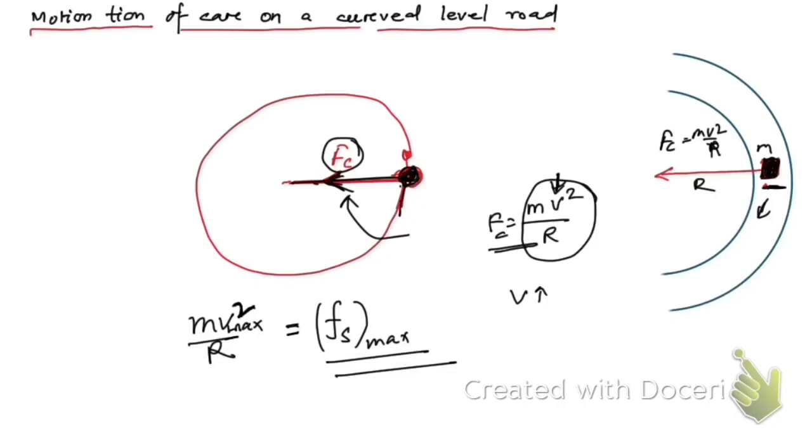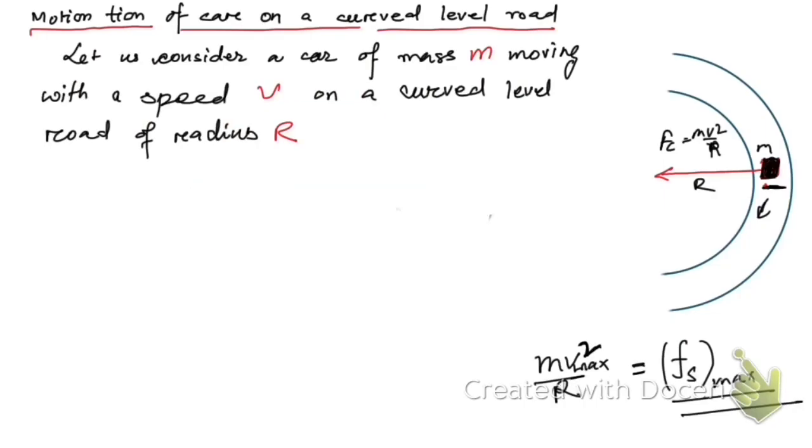So now let me write what I have considered here. Here we have considered a car of mass m moving with speed v on a curved level road of radius r.